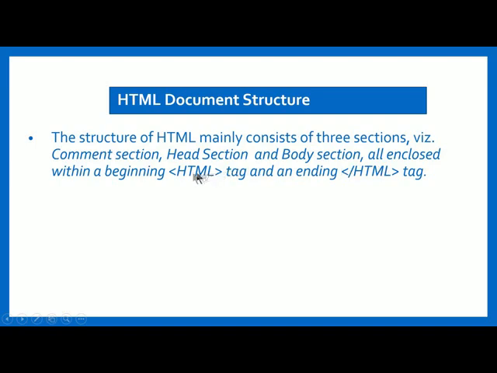When we see this HTML, we call this a command, and this is enclosed within the angle brackets, that is the less than symbol and greater than symbol. The entire thing we call the tag.